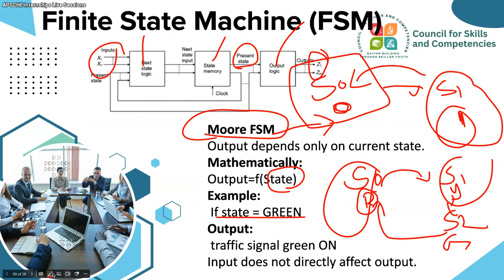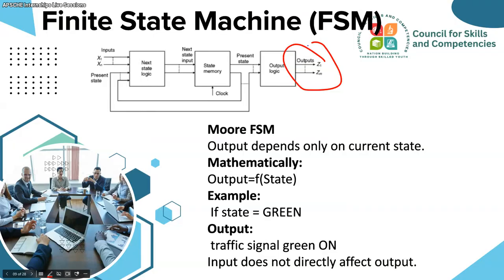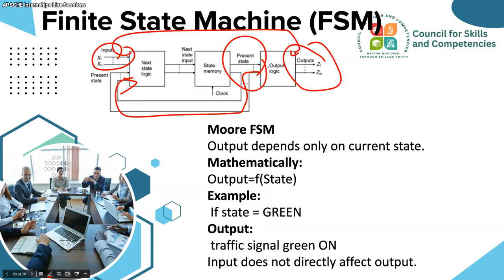When I look at this diagram, try to understand that the output logic depends only on the present state. Input is not there. This output goes only as feedback. It is not coming like this.